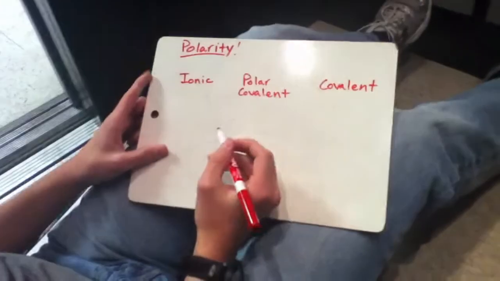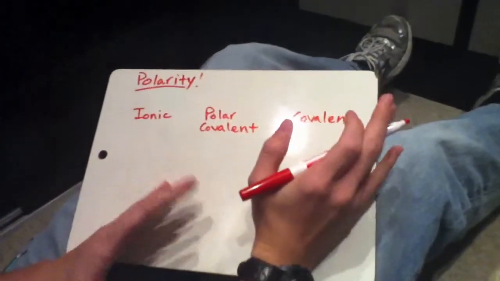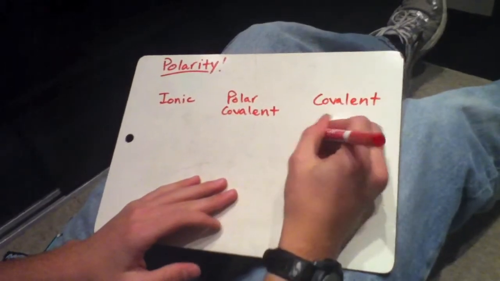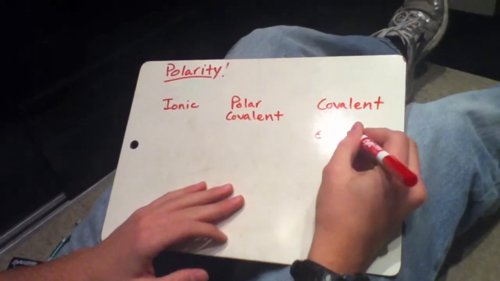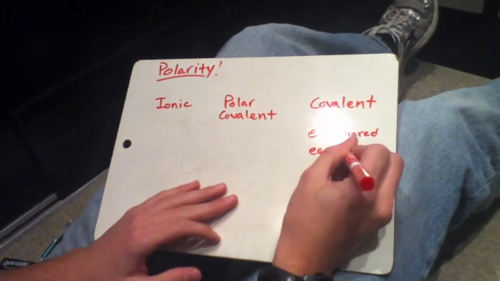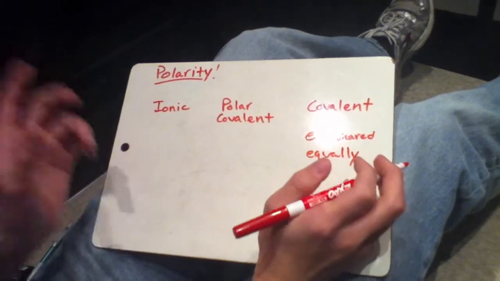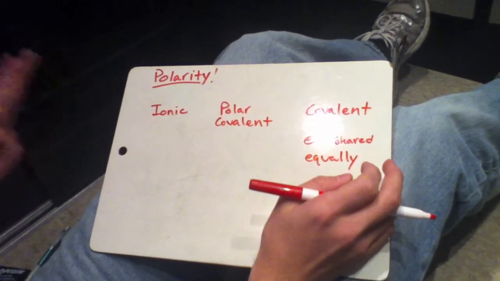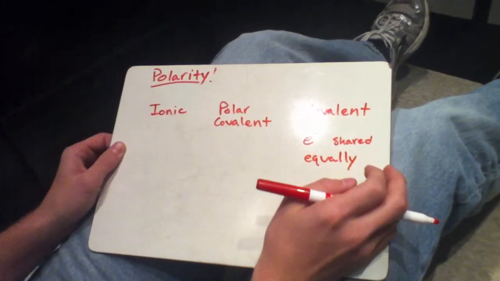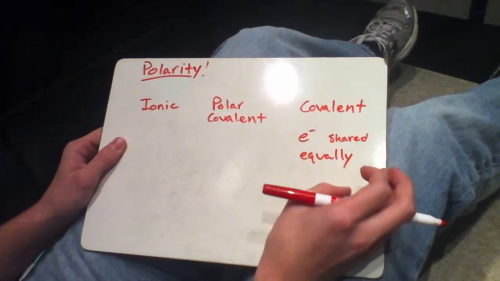Alright, so anyway, the covalent, when they're completely covalent, that only happens when the electrons are shared equally. And the only time they're shared equally is when the 2 atoms have the same electronegativity. And the only time that ever happens is when they're the same element.